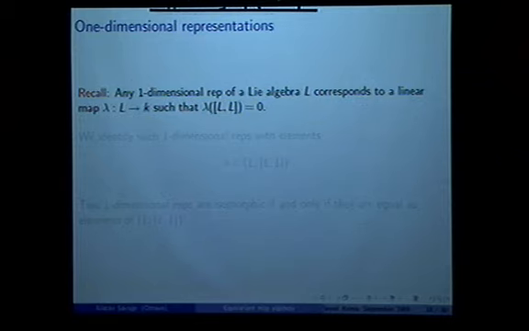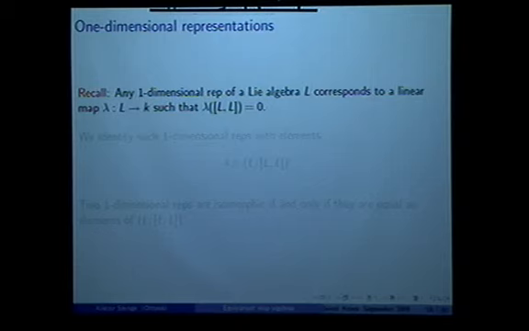Okay, so that's evaluation representations, but before we can give the classification theorem, it's not quite enough to know the evaluation representations, because we also need to know about the one-dimensional representations of our Lie algebra. One-dimensional representations are in some ways simple. Any one-dimensional representation is just a linear map from the Lie algebra to the ground field that vanishes on the commutator.